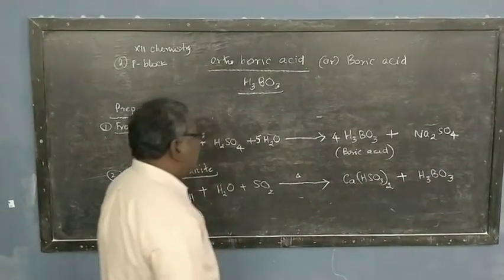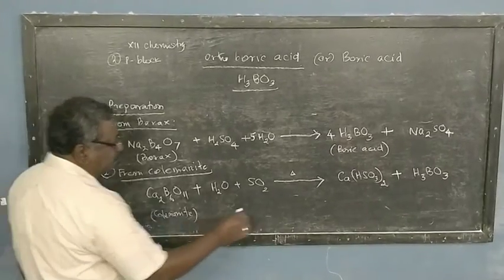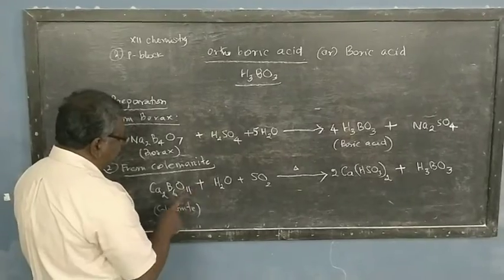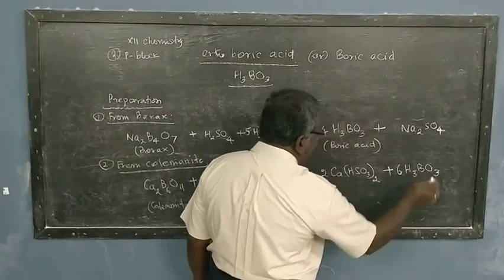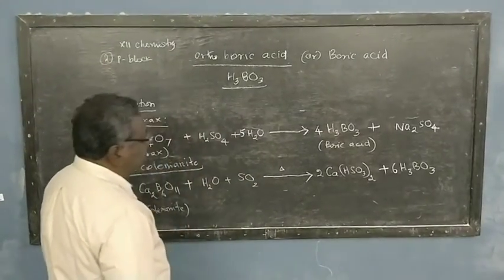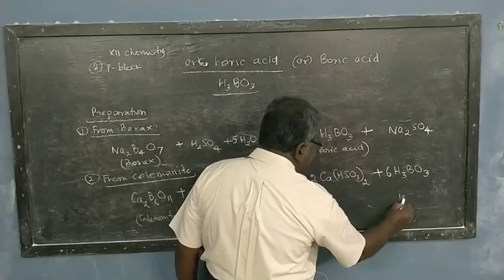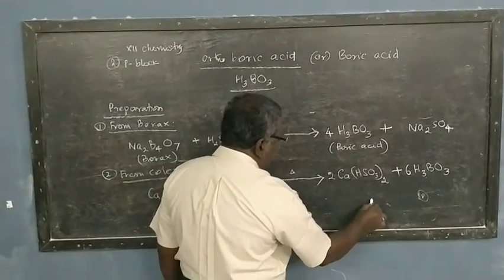Right? Now how to balance this equation? There are 2 calcium, so multiply this by 2. Then 6 boron, therefore multiply this by 6 because boron is 1. Now, look at the hydrogen. It is 6 into 3, 18 here, and 2 into 2, 4.